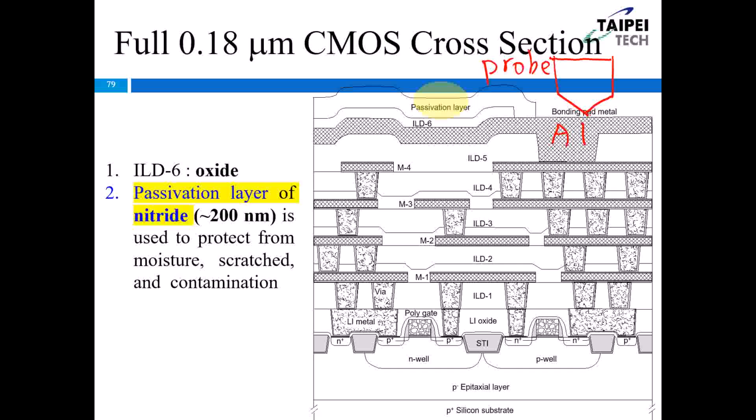So here, we have the passivation layer. Usually the passivation layer is nitride, a very hard material. We use the hard material to protect our chip, so nitride is a good choice, okay? In the semiconductor industry, the material choice is very simple: for a hard material, we use silicon nitride, because it's easy to deposit, and the material system includes silicon, so it's compatible with our silicon wafer.